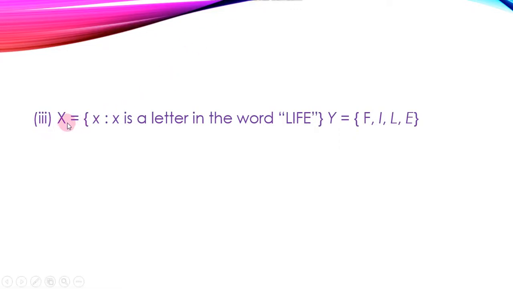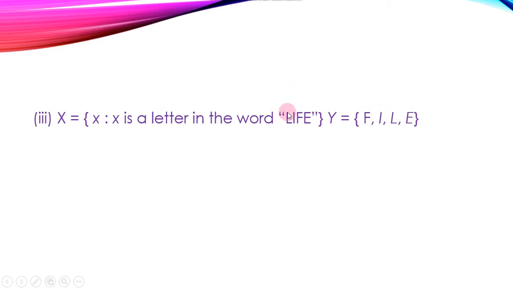Next, third subdivision, X equal to x such that x is a letter in the word LIFE. L, I, F, E, totally 4 letters. Y equal to F, I, L, E, here also 4 letters. Here also 4, there also 4. Next, let us check each letter.